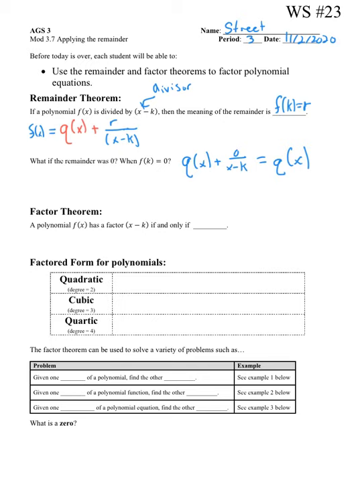When I tell you that a polynomial definitely has a factor, that means it's going to have a remainder of 0. So we want to make a quick note of that. We're going to have a remainder that must equal 0 if we are given a factor.